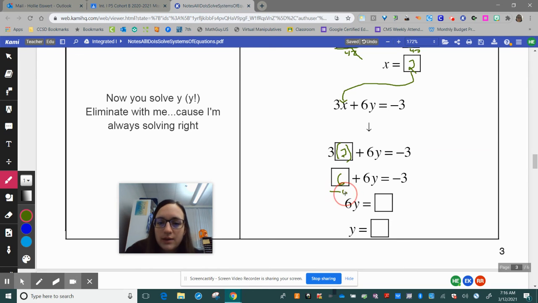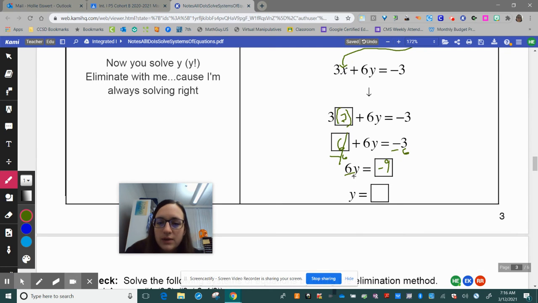So then we subtract 6 from both sides. We are left with 6y equals a negative 9. And we divide both sides by 6, which leaves us with a fraction. So just simplify your fraction. What can 9 and 6 both divide by? 3. So we end up with y equals negative 3/2. There we go. This is why we need this method for those fractions and decimals.